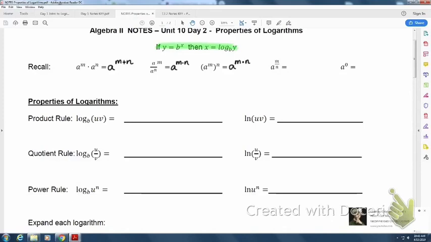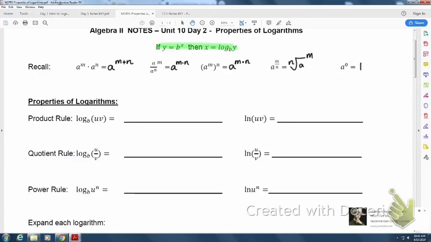This next one is just that rational to radical. Okay, maybe not necessarily a property, but if I had to go from rational to radical, that's how I would do that. And then if I've got anything to the power of 0, that is going to equal 1. So let's look at the actual properties that we would have with the logarithms.